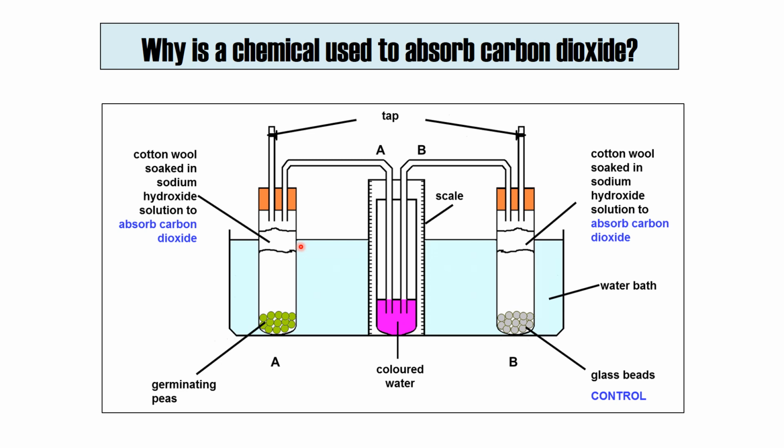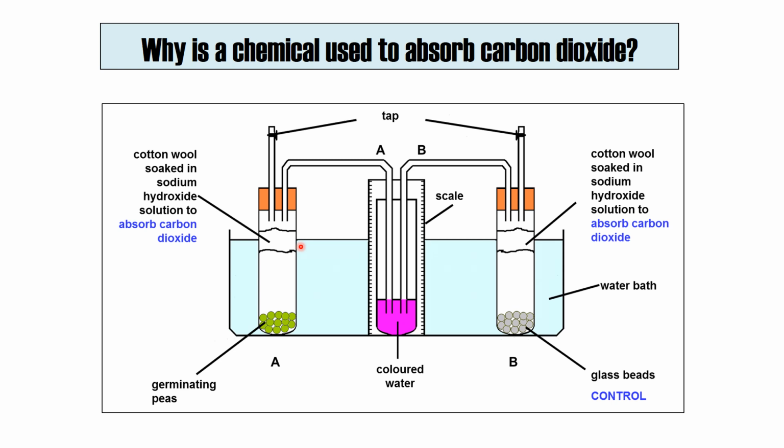Well, the reason you want to absorb the carbon dioxide is, remember that carbon dioxide is going to be produced by the germinating peas. So if you're trying to measure the rate of respiration using the rate of oxygen being used up, and the peas produce carbon dioxide which is just left in the tube, it's going to upset your results, isn't it?